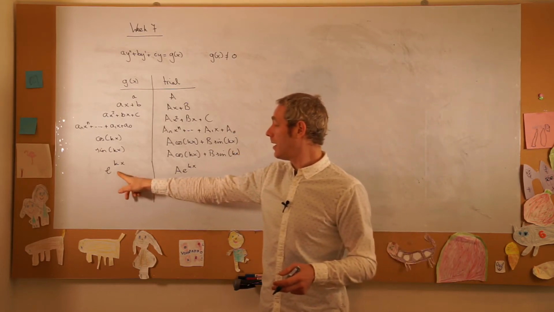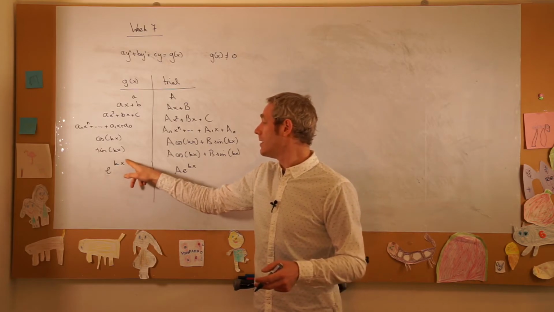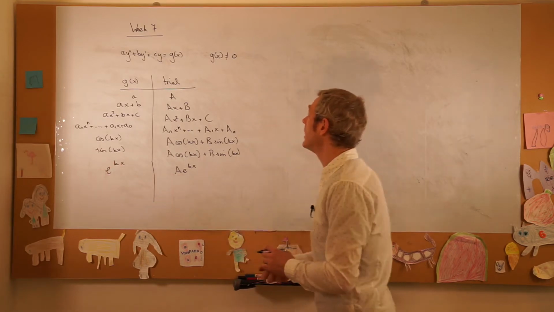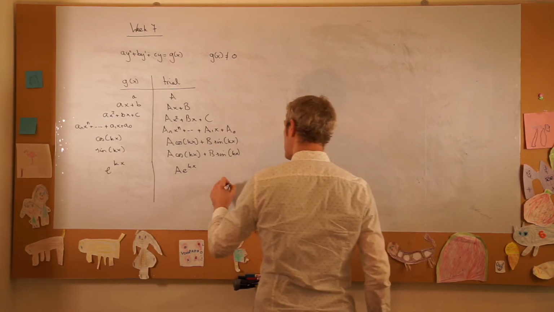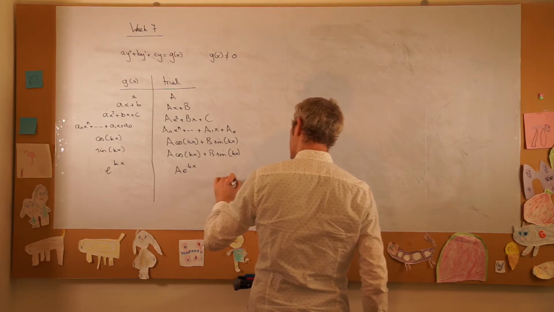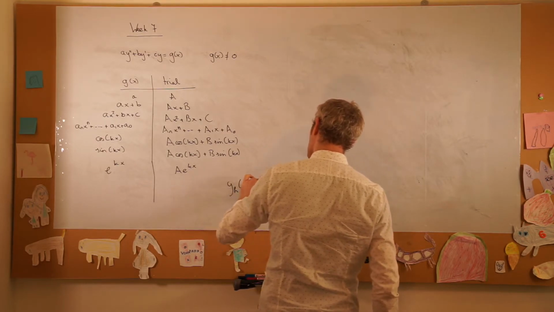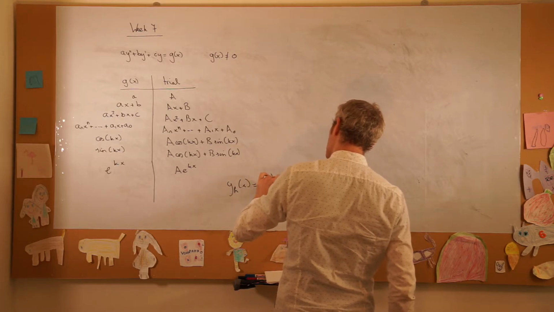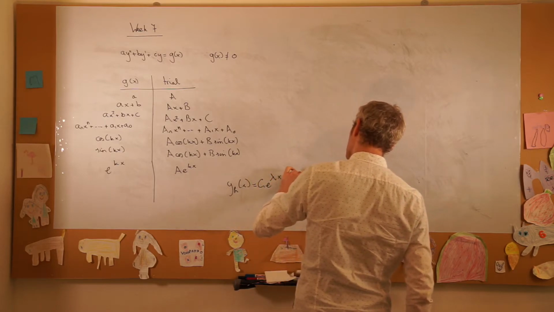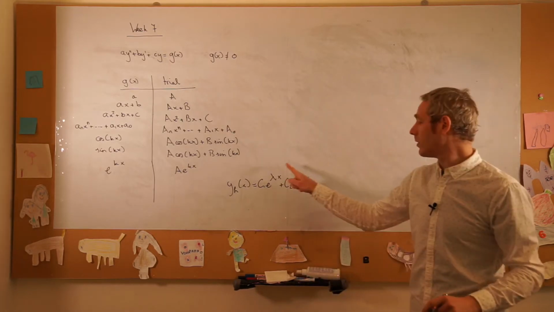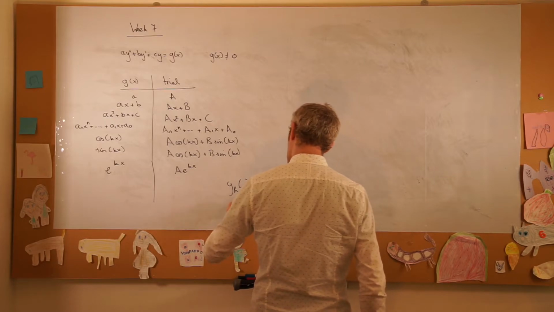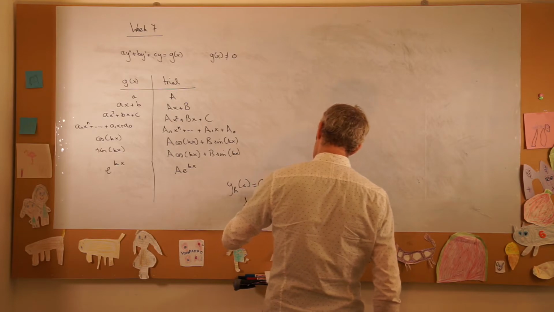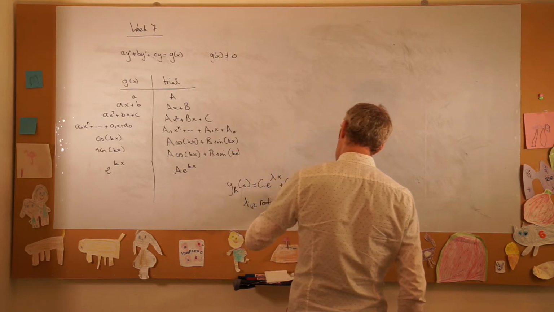Now, there is something about the exponents. If we have our homogeneous solution, y_h, that is some constant c1 e to the power of lambda 1 x plus c2 e to the power of lambda 2 x, these lambda 1 and lambda 2 are the roots of the auxiliary equation.